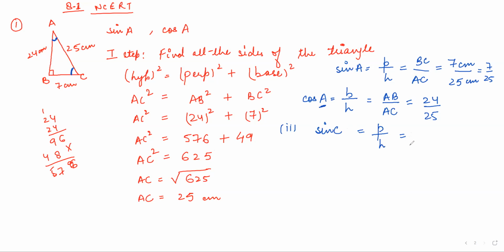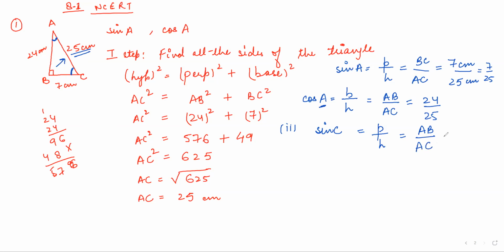Side is either AB or BC or AC, like that. AB, ma'am. AB, good. And hypotenuse? Hypotenuse is the side which is opposite to this 90-degree angle, that is AC. It will always be AC.